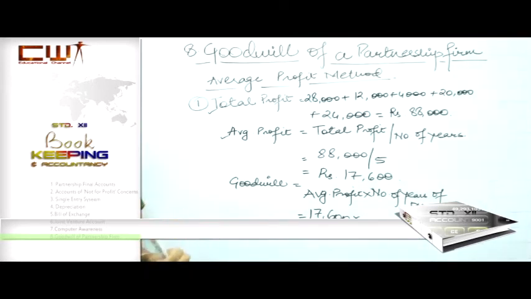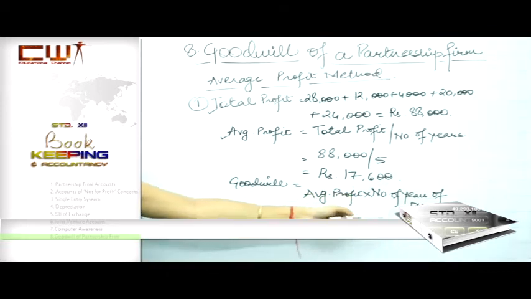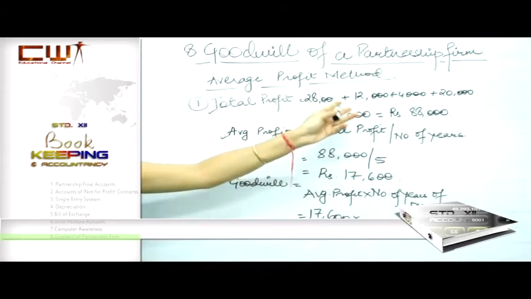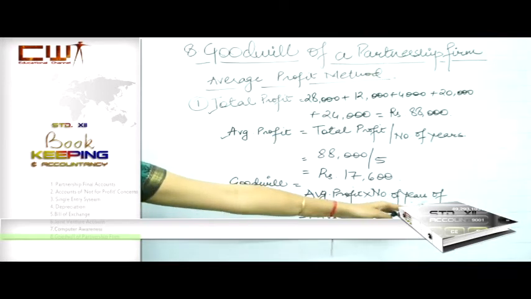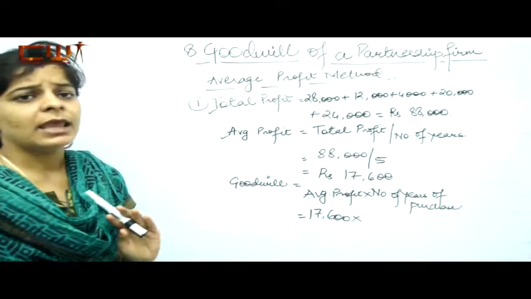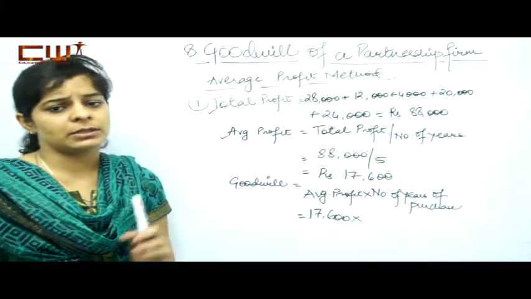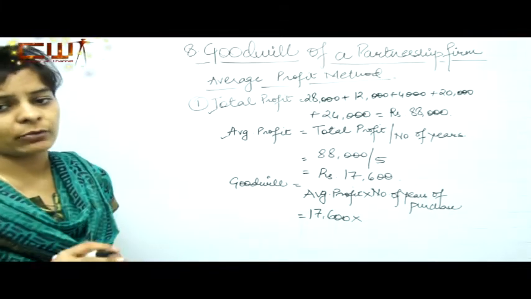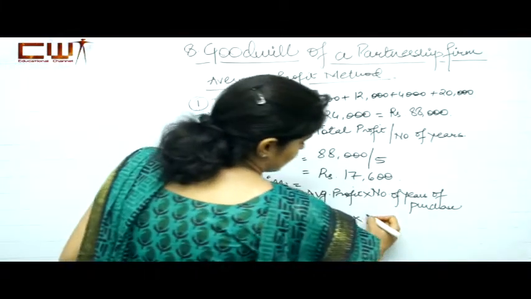It's there in the question. That is number of years of purchase. This is number of years for which the profits are given. This is number of years of purchase, which is very exclusively mentioned in the question. It's not difficult to find where in the question it is. So it is given 2.